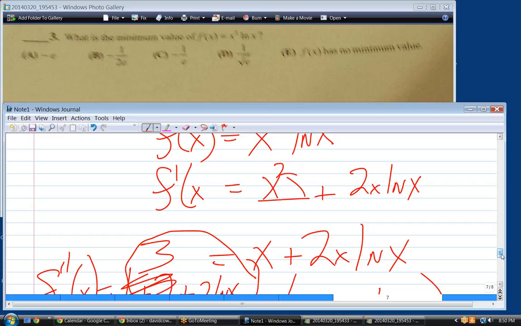We had, let's see, this was x squared over x plus 2x, so this turned into just x. So this was the first derivative, right? Uh-huh. And we need that to be equal to 0.